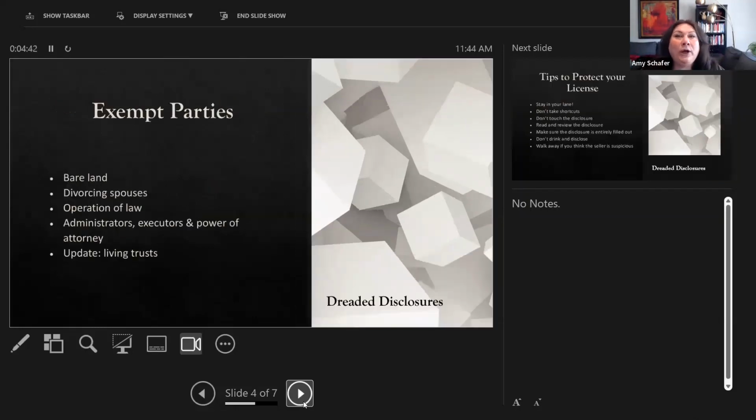Next up, just a quick reminder about who is not required to fill out the seller disclosure. Bare land. Really, this seller disclosure of residential property, we are looking for 1 to 4 units. 5 or more don't need this residential disclosure, or bare land, those are exempt.